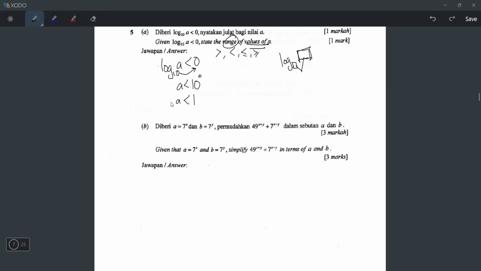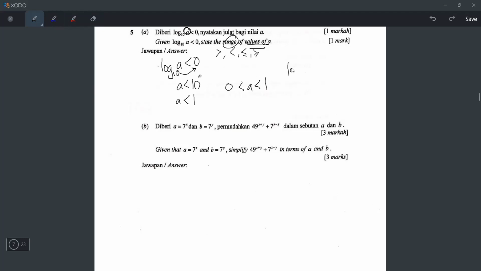It means a is smaller than 1, but at the same time, it should be bigger than 0, okay? Because if this number ends up being negative, it will be math error. So you need to know that this value cannot be negative, so that's why it has to be in between 0 and 1, okay?